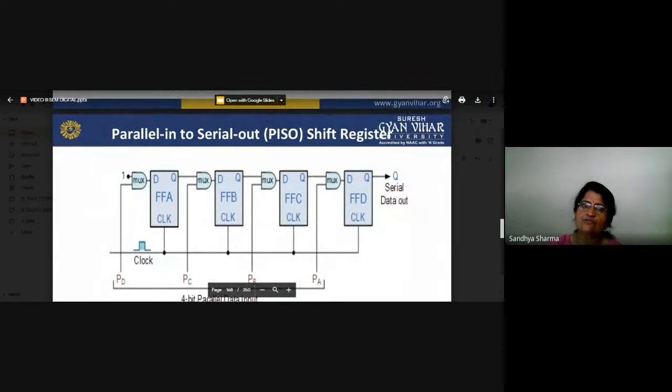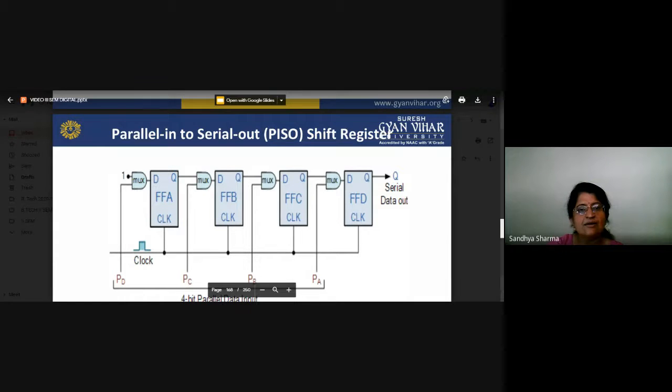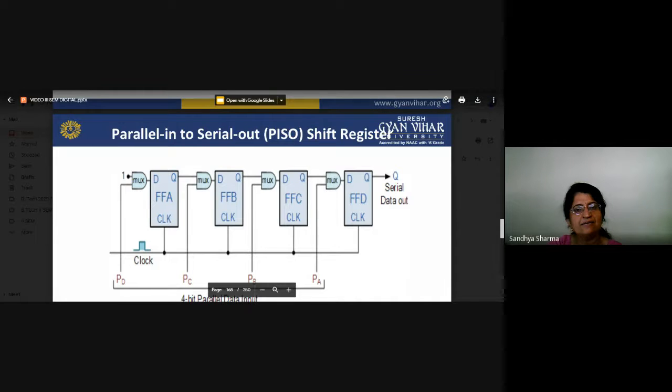With the help of our diagram, we can also see parallel in, serial out. It means your exit will be serial, but you have to load your data at a time, in the same clock pulse, into the four flip flops. You can see again, these are P0, P1, P2 and P3. These are the four input signals which you have to load into these flip flops, and this is the multiplexer.